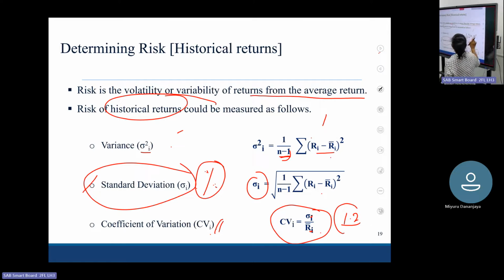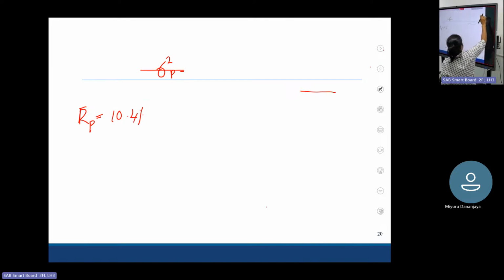We have 5 years, so get the whole sigma total and divide by n minus 1. That's all. So let's calculate the variance.